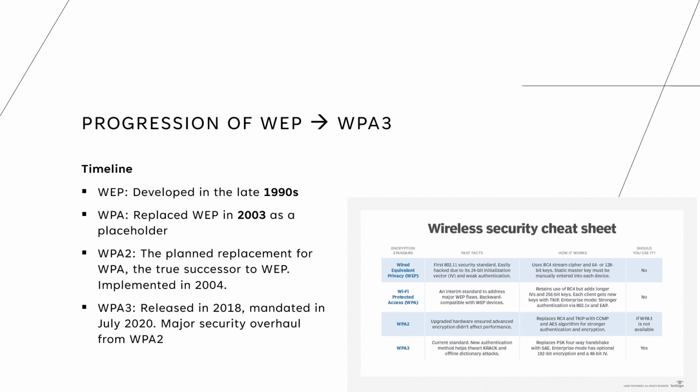Now, WPA2 was widely used from March of 2006 all the way until June of 2020. It was a robust system until the publication of Crack, which I will talk about later on. WPA3 was its replacement and was ratified in June of 2018, and then later became mandatory in July of 2020.